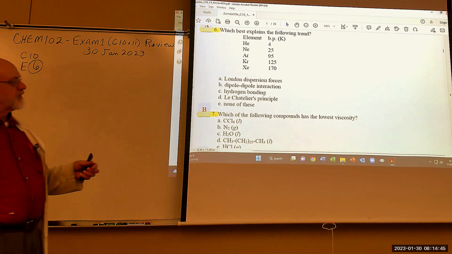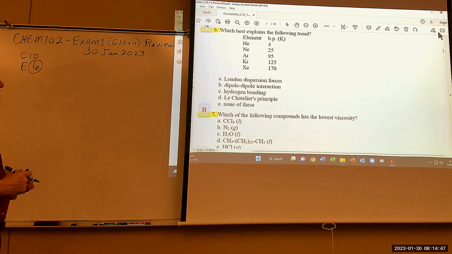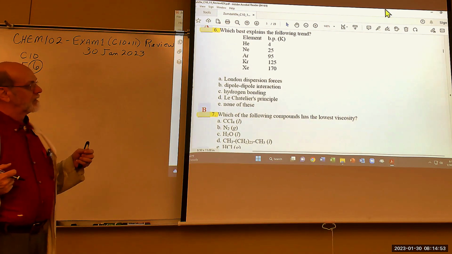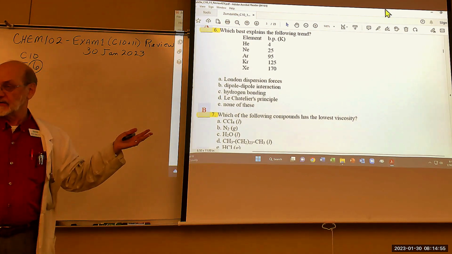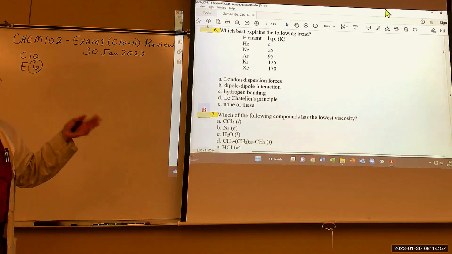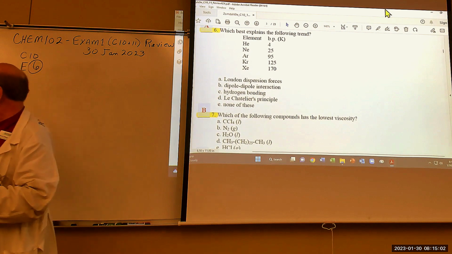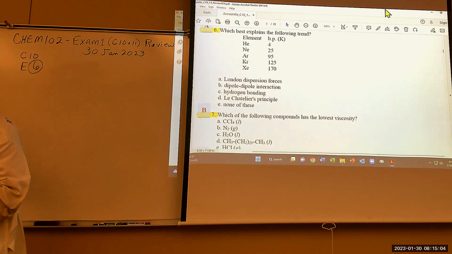Which best explains the following trend? So what is the trend? All of those are noble gases, right? And they're in order in their group from top to bottom. Helium, argon, krypton, xenon.